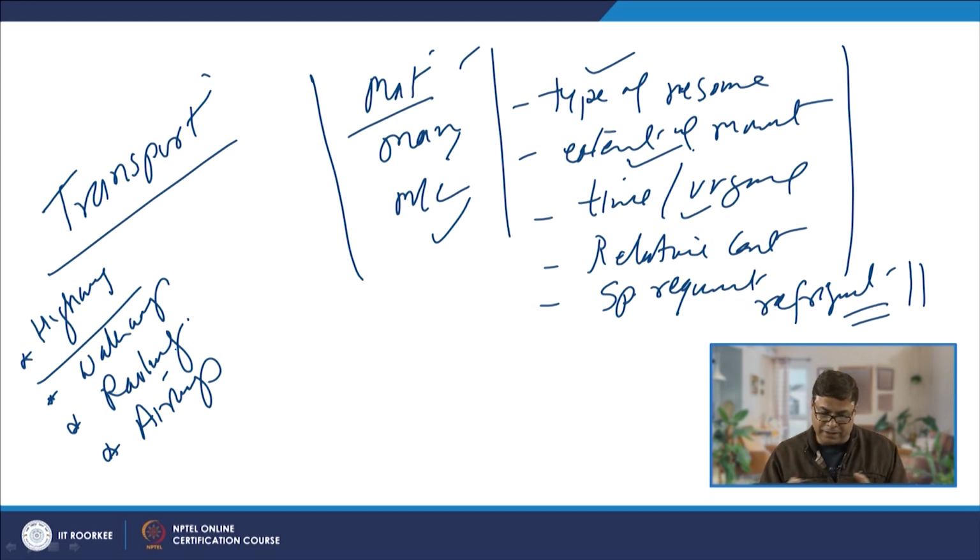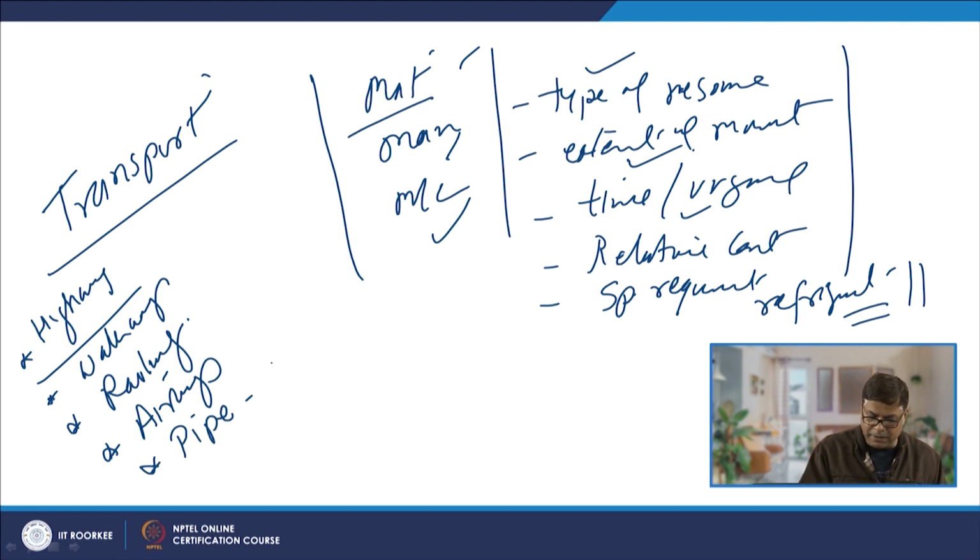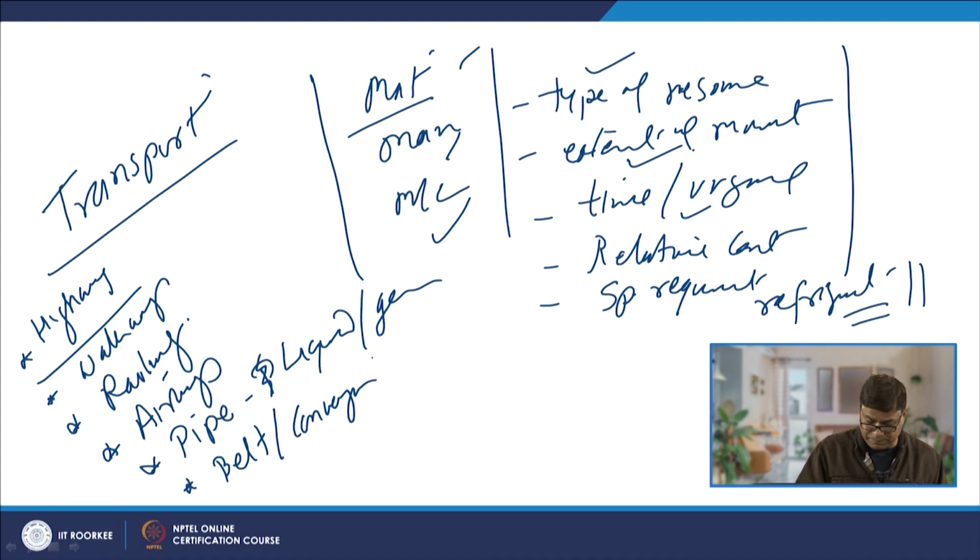But then there are other modes used for moving resources, like pipes, used for materials in the form of petroleum, or liquids or gases that are to be moved. Then there are belts, conveyors, and cables.